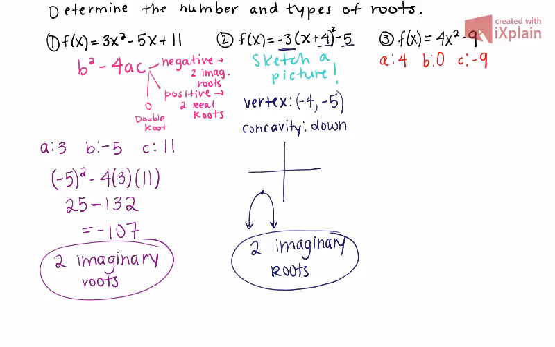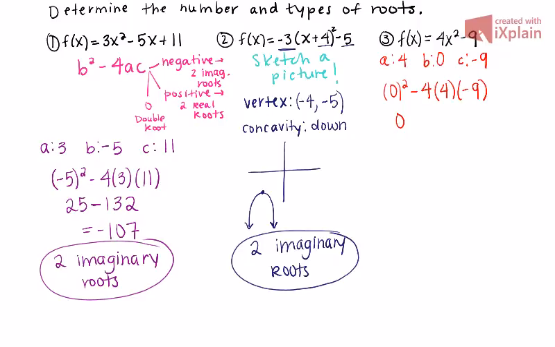I'm going to go ahead and calculate the discriminant. I'll have 0 squared minus 4 times my A times my C. You could go ahead and substitute that whole thing in your calculator. We know that 0 squared is just 0.